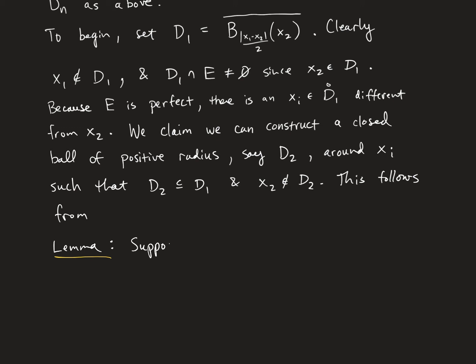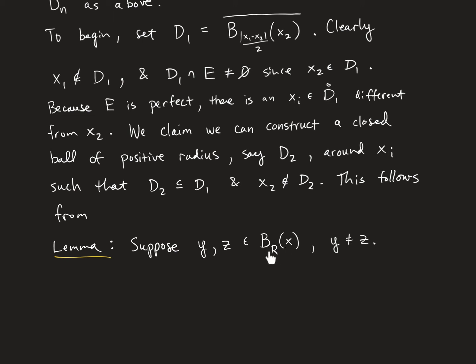Suppose that y and z are in a ball of radius r around x, and y is not equal to z. Right, because this is what we have in our situation up here. We have xi and x2.